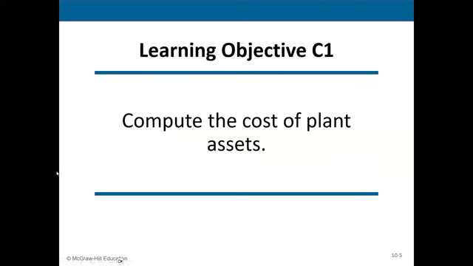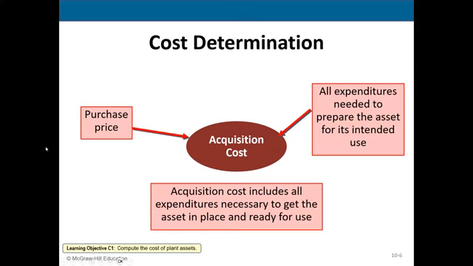So, as I mentioned, one of the first things we do is we calculate the cost of acquisition. And the acquisition cost is the purchase price plus the other costs, such as installation, assembly, whatever it takes to get it up and running. Okay, let's say we just purchased a piece of machinery that helps us in our business of producing products.